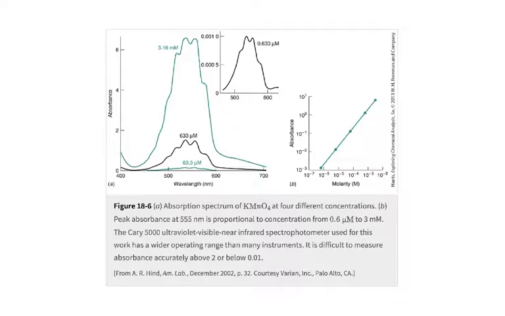Then another 10 times lower concentration, and the absorbance goes down by a factor of 10, but it still has the same shape. And when we zoom in, even another 100 times smaller, it looks like the same shape that we see here.